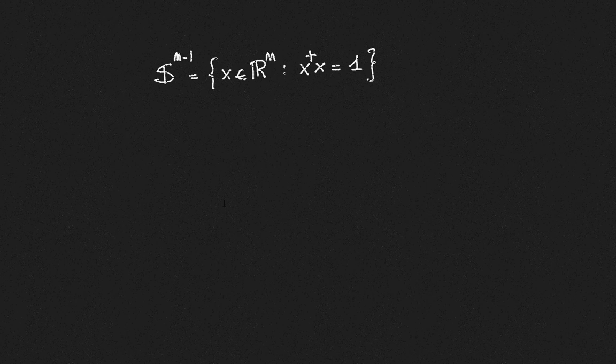I don't think you are surprised by the fact that the tangent space of the sphere at the point x is just the set of all vectors in Rn which are orthogonal to x. So x is your radius, the tangent space is just the space orthogonal to the radius.